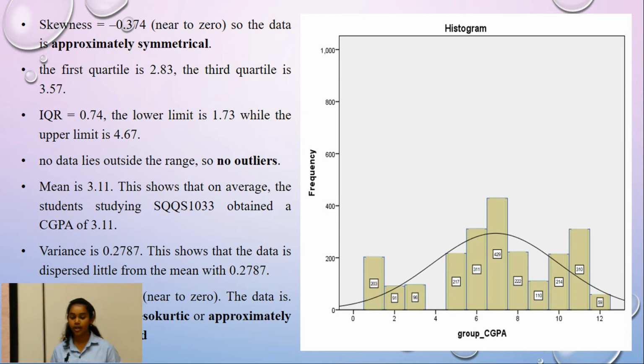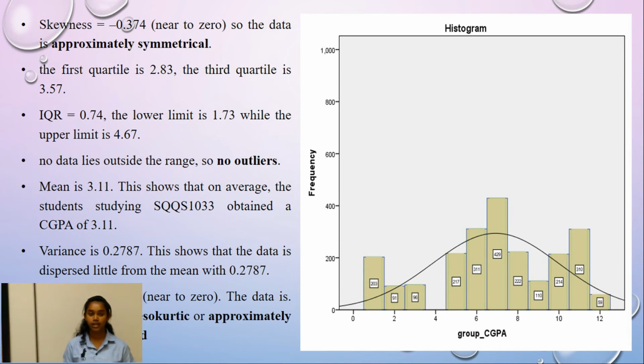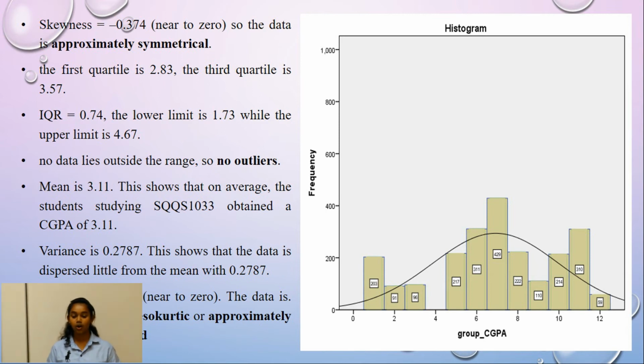This shows that on average the students studying SQQS 1033 obtain a CGPA of 3.11. Variance is 0.2787. This shows that data is dispersed little from the mean. Kurtosis is negative 0.109, near to 0. The data is approximately mesokurtic, or approximately normally distributed.